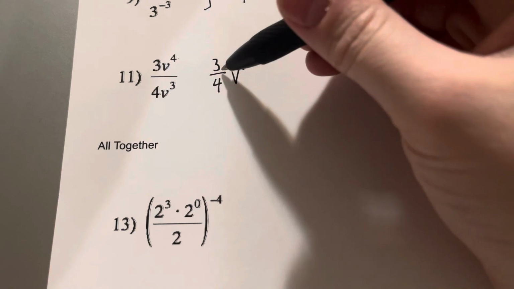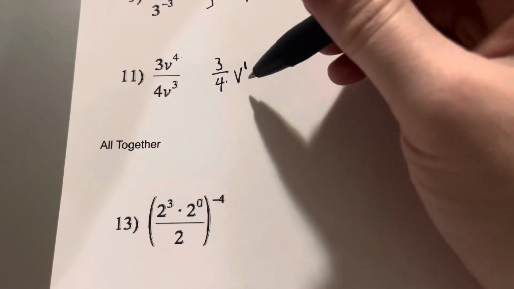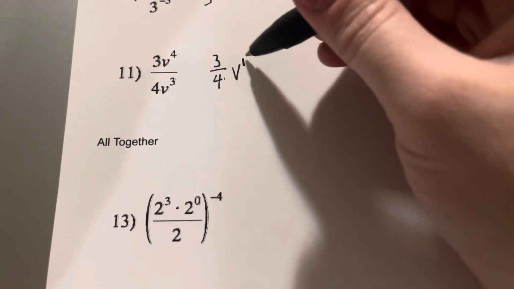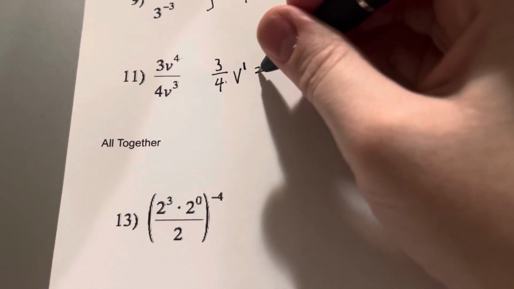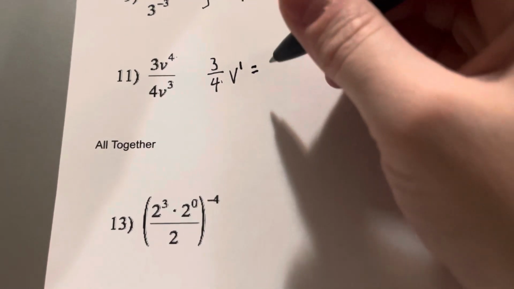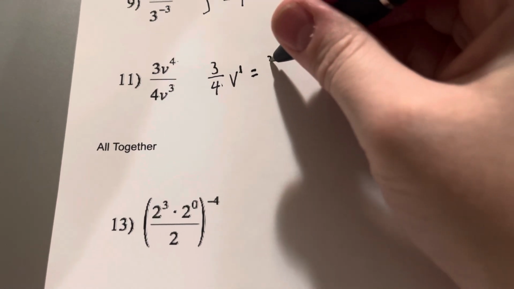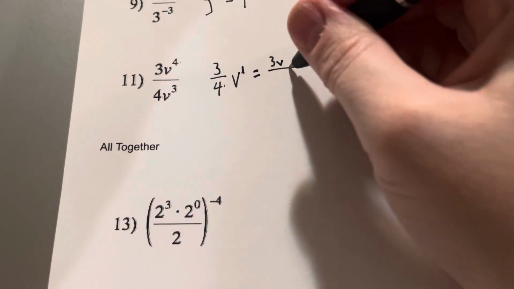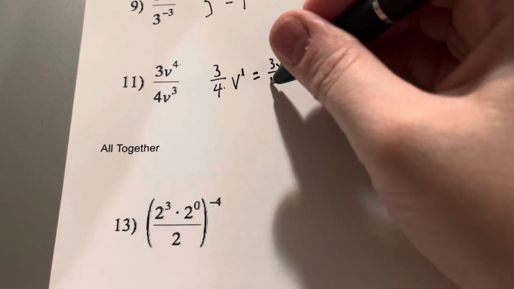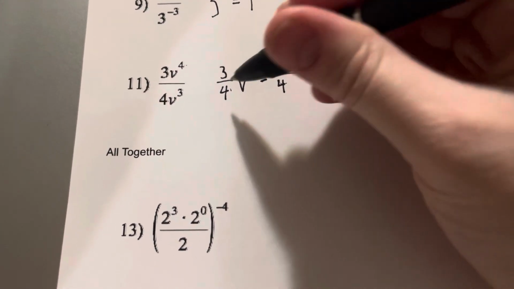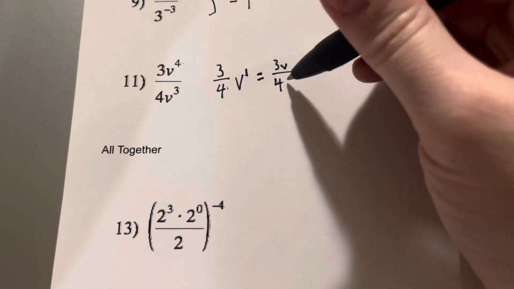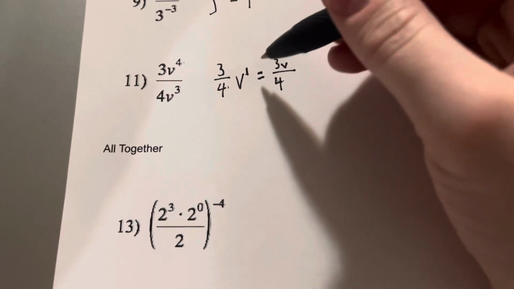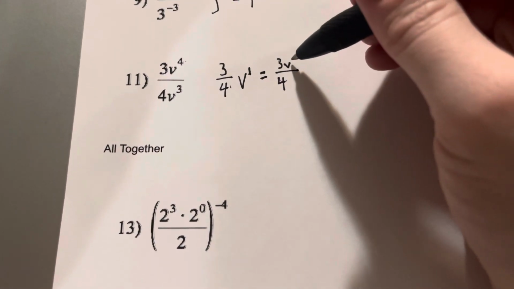Now, because we have a fraction right here, you might notice this is not a negative, so it's not going to go in the denominator. You might notice on a multiple choice test that the positive exponent hangs out in the numerator with the 3. These are the same thing. A negative would have hung out in the denominator, but because this 1 was positive, it went to the numerator.